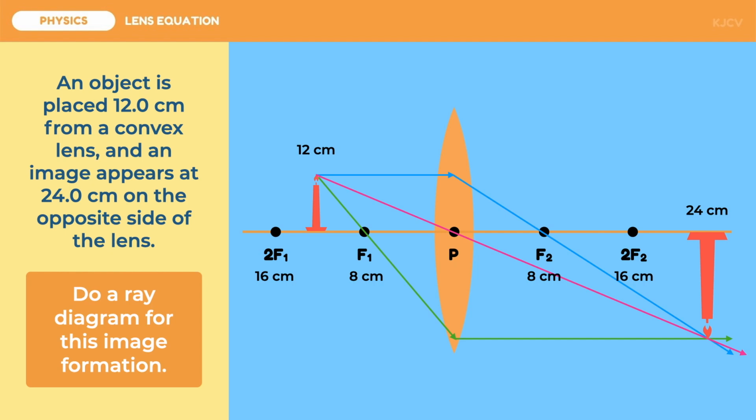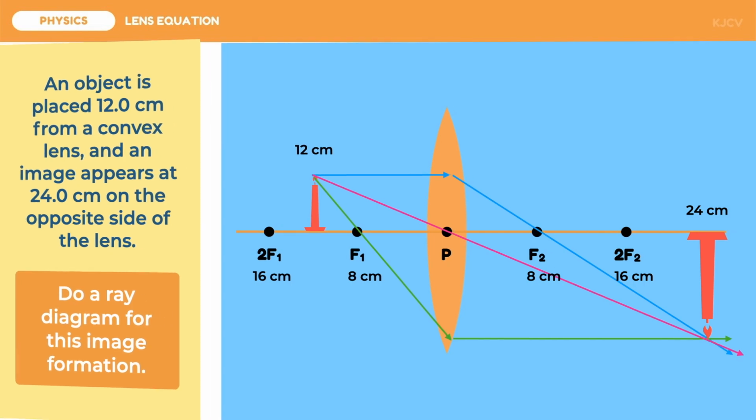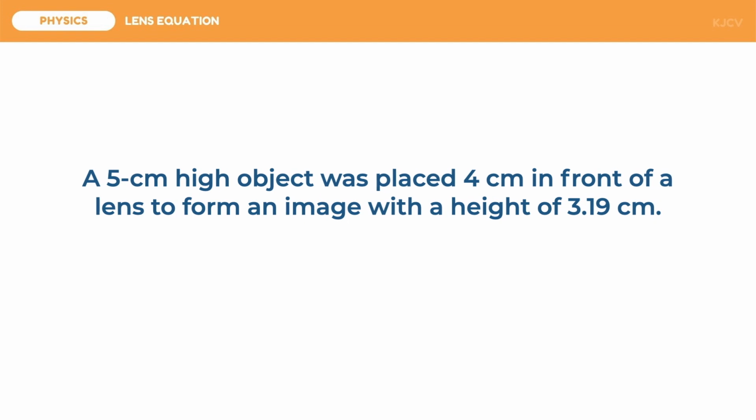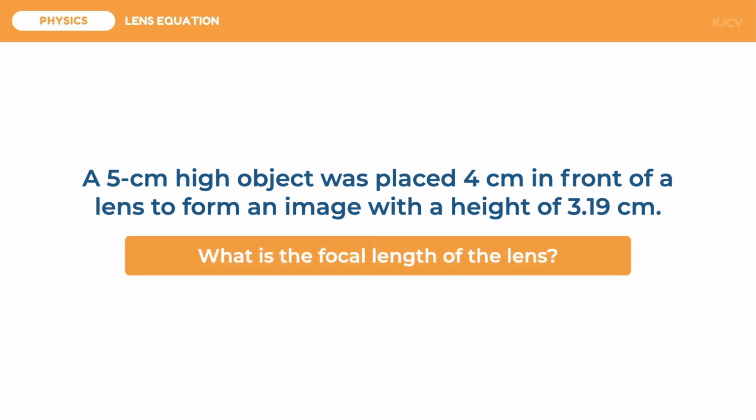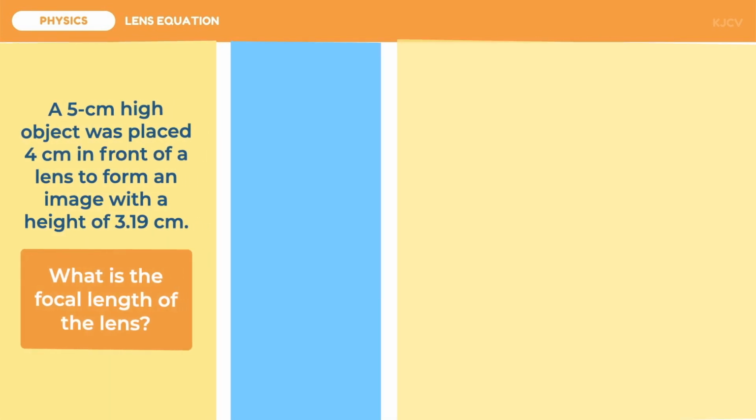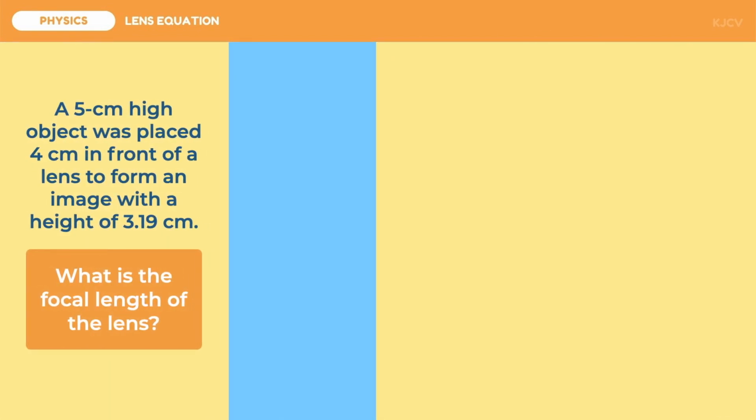Now, let us look at the last problem. A 5 cm high object was placed 4 centimeters in front of a lens to form an image with a height of 3.19 centimeters. What is the focal length of the lens? Let us first identify the given. The phrase a 5 cm high gives us the object height.